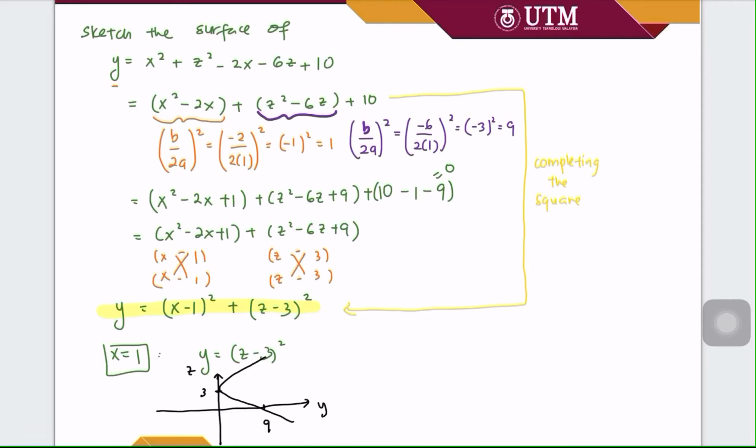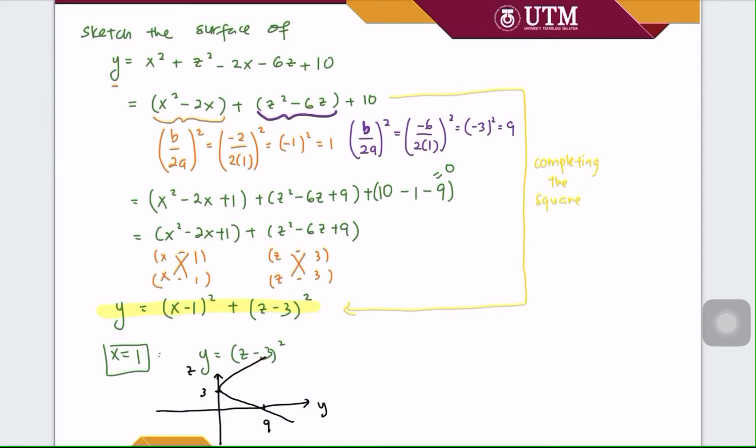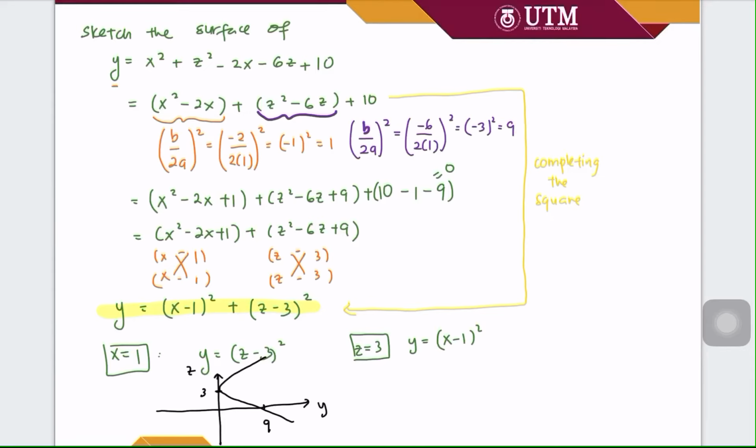Now for z, z equal to 3 this time. So z equal to 3, meaning that y equal to x minus 1 squared. You know that your plane will be x and y.